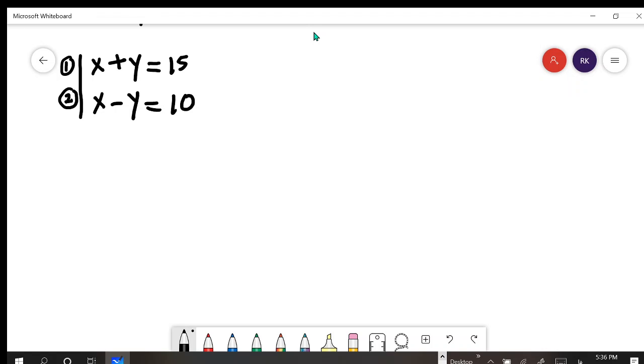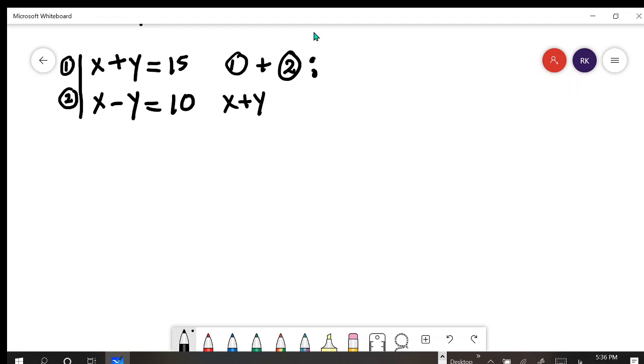So here we are lucky because this is very easy to solve using the elimination method. So we're going to take equation number 1 and add it to equation number 2, right? So how do we add two equations? Well, we add the left sides, and then we put an equal sign and add the right sides.